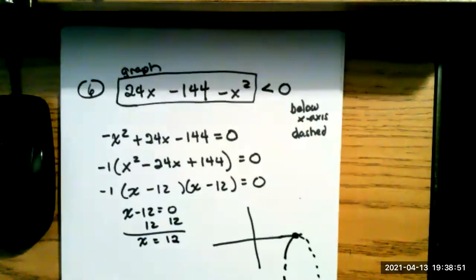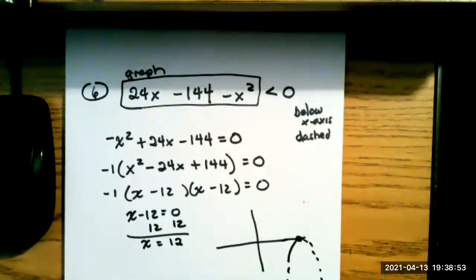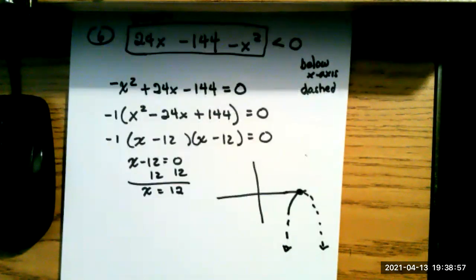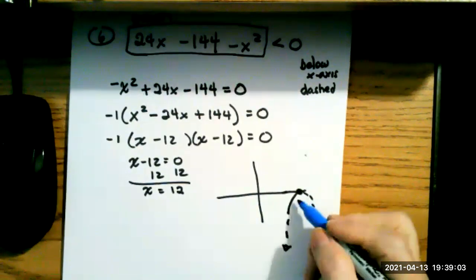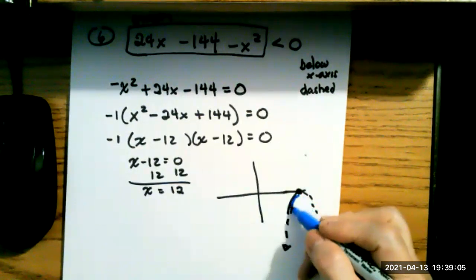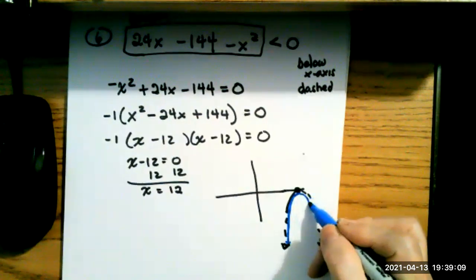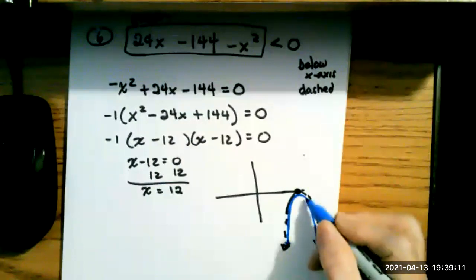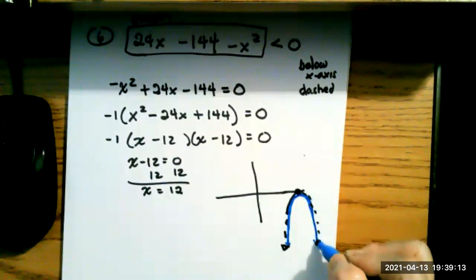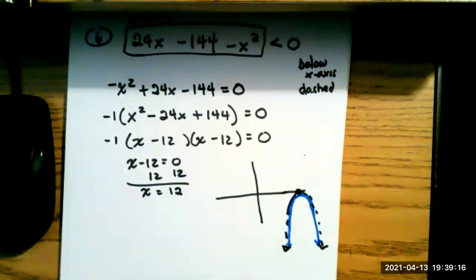So we want the part that is below the x-axis. Now let's think about that. If it's below the x-axis, then I'm looking at all of this area in here and all of this area in here. That's all below the x-axis.